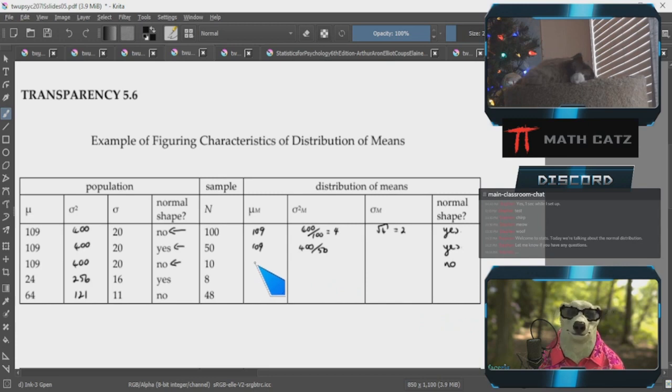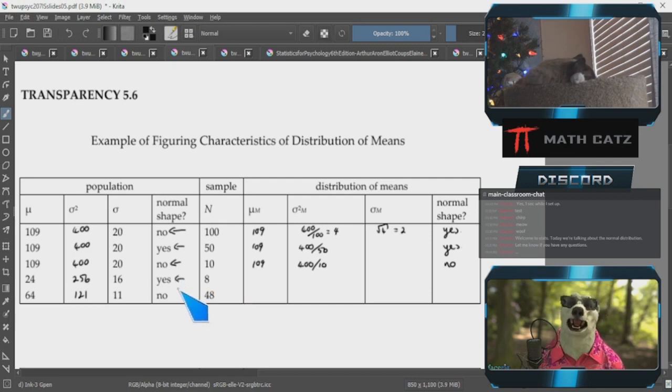However, the parameters are still the same. I still have the same mean. I still have the variance being the population variance divided by the sample size, and so on. It's just I don't know if it's a normal distribution. In fact, if it's not, it's not, and it's not close enough to use as an approximation.